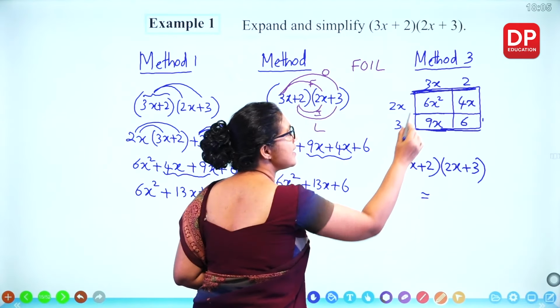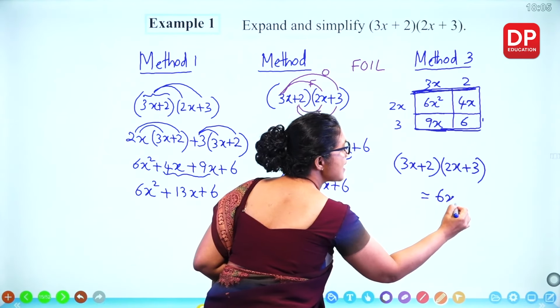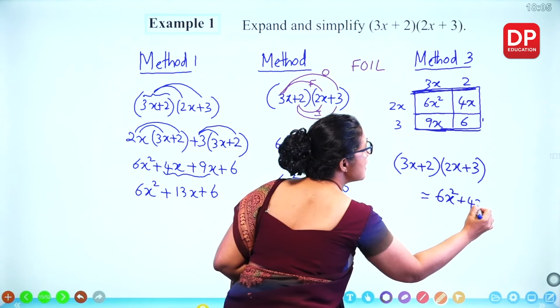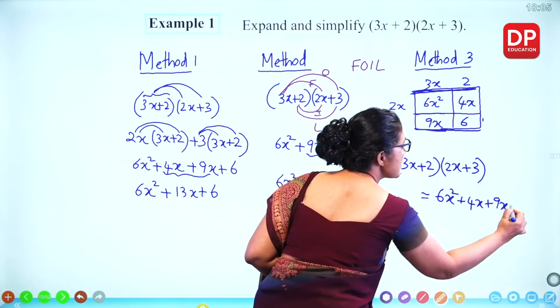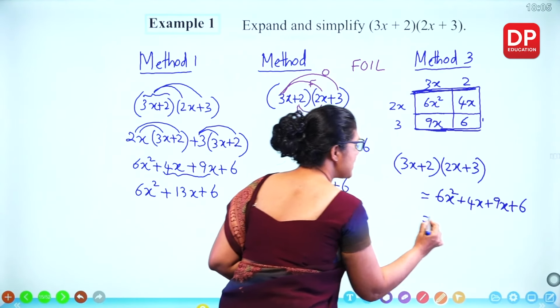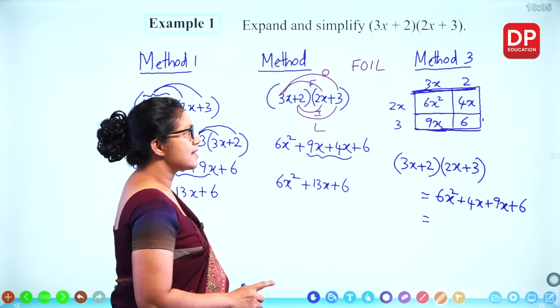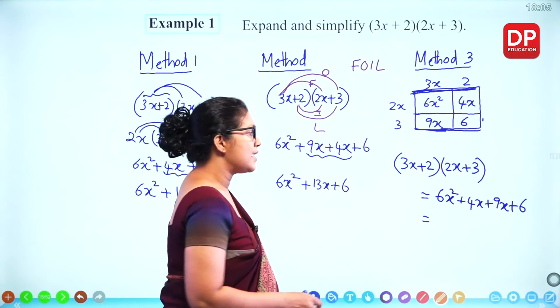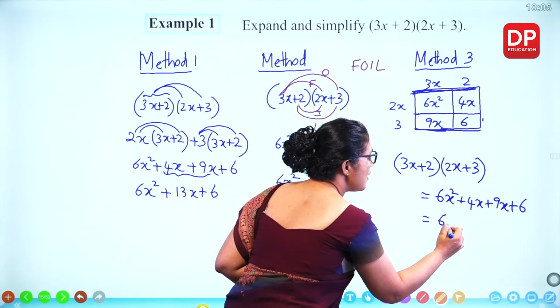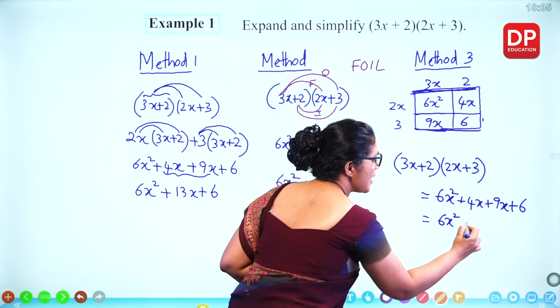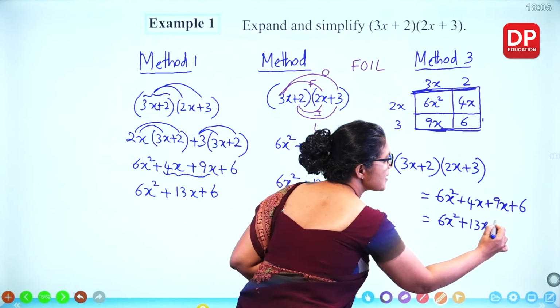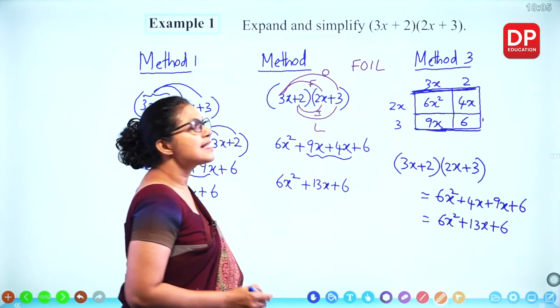So we can write it's equal to 6x squared plus 4x plus 9x plus 6. So when you are expanding brackets, you can use this area method. So finally you end up with 4x plus 9x is 13x plus 6. So you get the same answer.